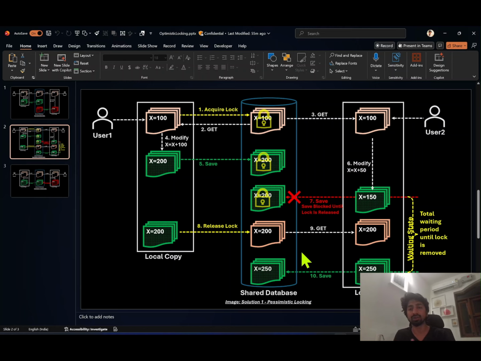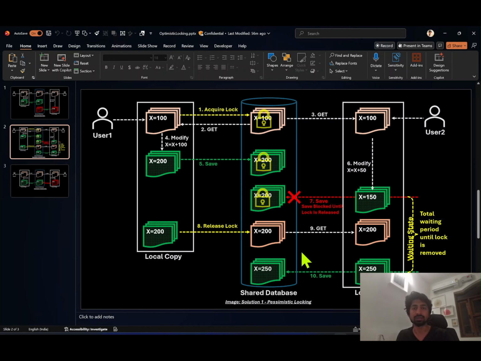The major drawback of this pessimistic locking is that when there are n number of users, they all have to wait until the ongoing operation is completed. For example, we have 1,000 customers trying to access the same record, and until any ongoing operation is completed, nobody will be able to access the record, and it will be completed in a linear way.